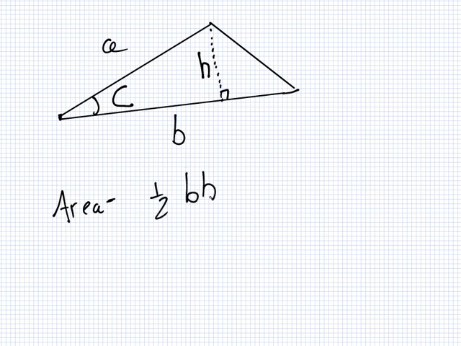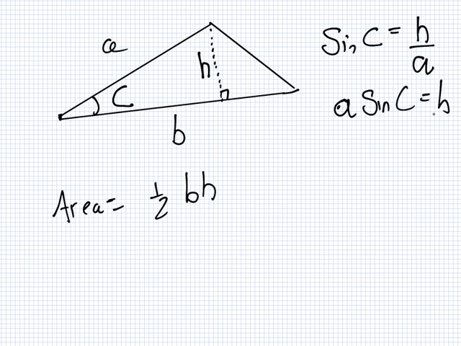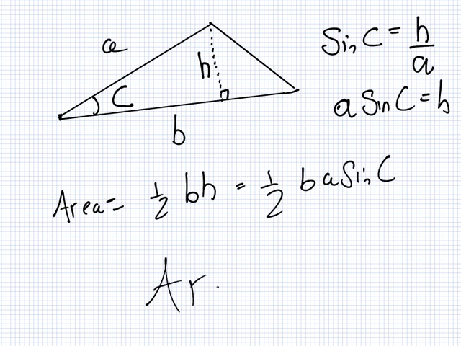But the problem is I don't know the height. But I do know that sine of c will equal the height over the hypotenuse. Which means I can say that a sine c is equal to the height. So this is a half b a sine c, or in other words, I have this formula. Area is a half a b sine c.